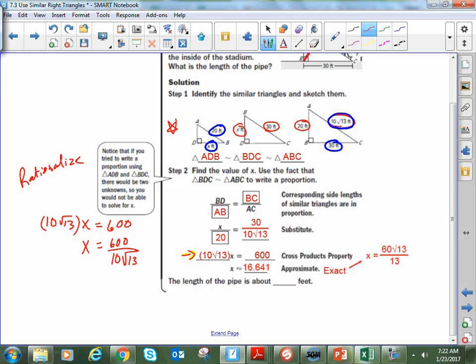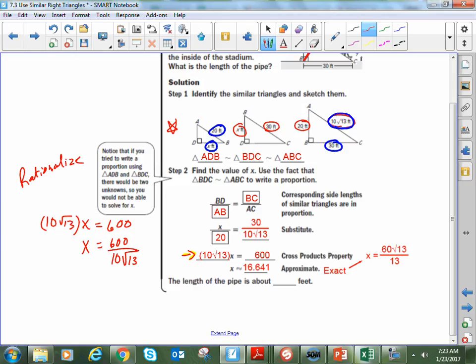Now if you type the square root of 13 on your calculator to get its decimal equivalent, it's going to give you what we would classify in math as an irrational number, meaning it is non-terminating, meaning it never stops, and non-repeating, meaning it's not like 0.33333 or 1111111. It's a non-repeating, non-terminating decimal number.